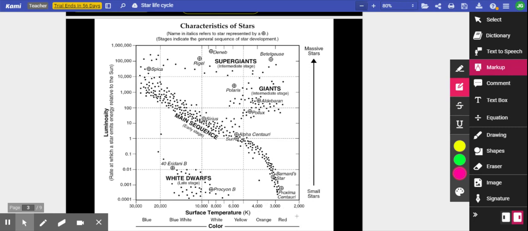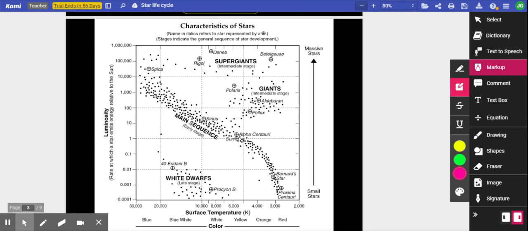Okay, let's take a look at some examples of how you would use this table. Well, first of all, let's go back to this right here, this kind of like worm-like shape cluster of stars. These are the main sequence stars. So this is where our sun is. It's in the main sequence stage of life.